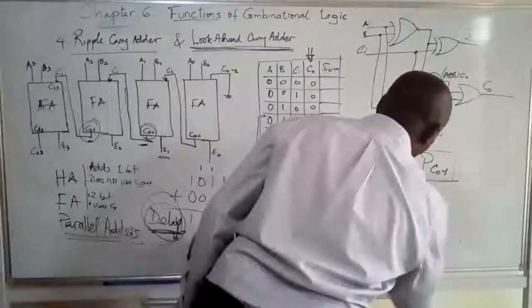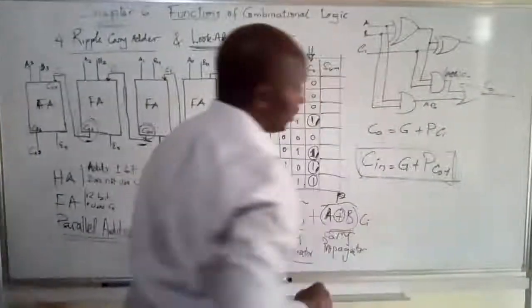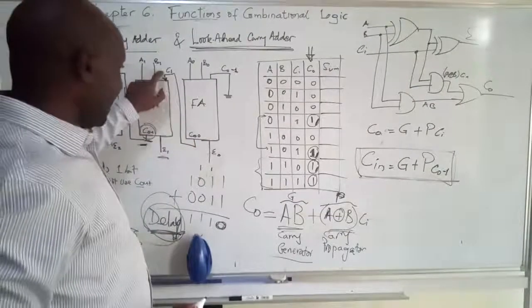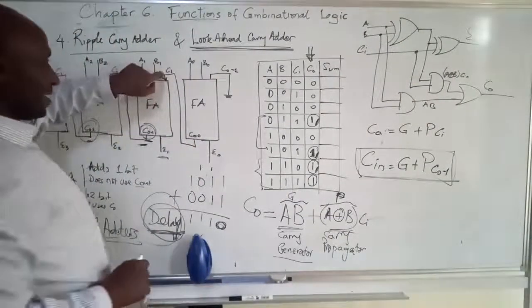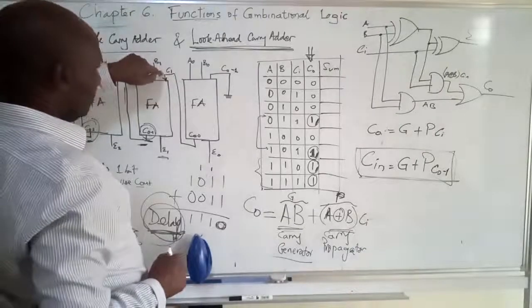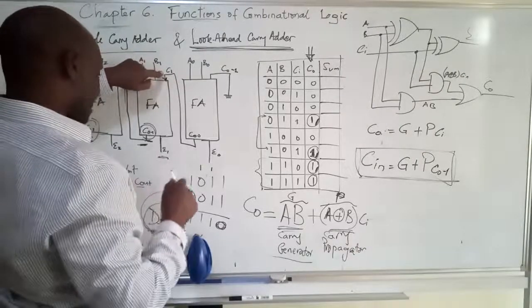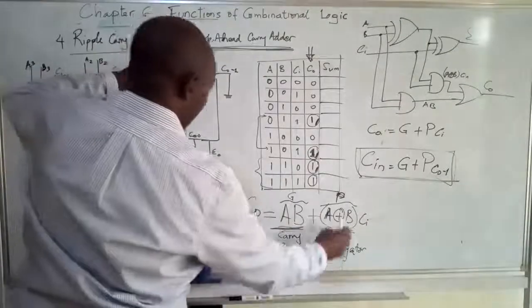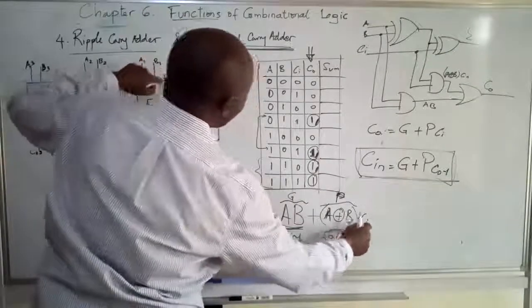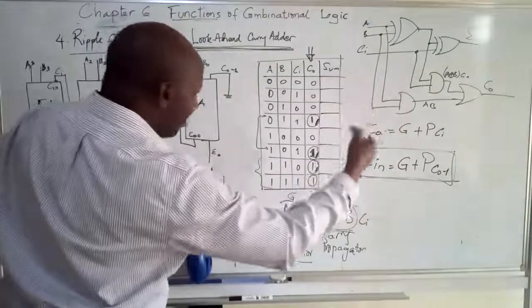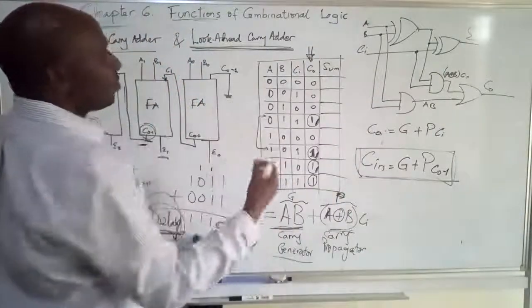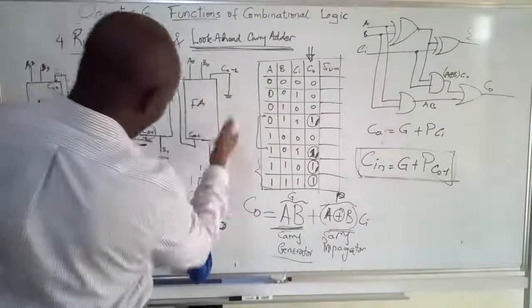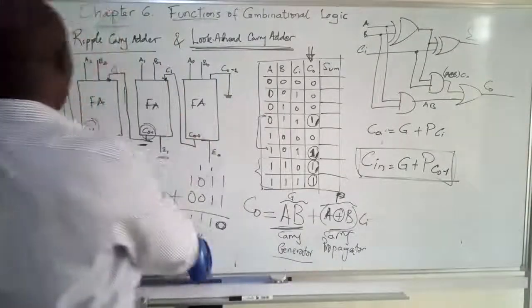So now, friends, this is how we can generalize the equation. C in is equal to the generator, the AB, plus the propagator and C out minus 1. C out minus 1 from this one. So it is C0.